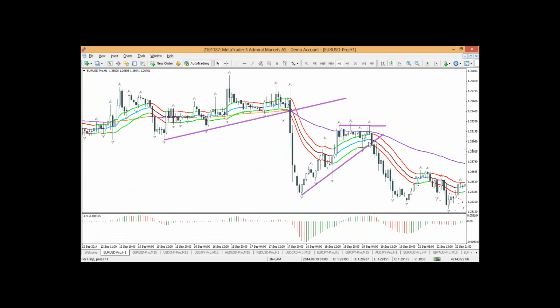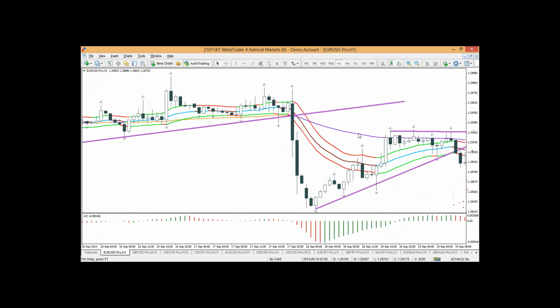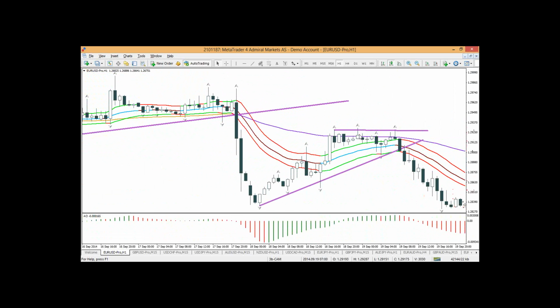If we see, for instance, and let me zoom in now, here, this doji shooting star at that trend line within the downtrend would be an example of a candlestick at the top of an ascending wedge with a downtrend, by the way.